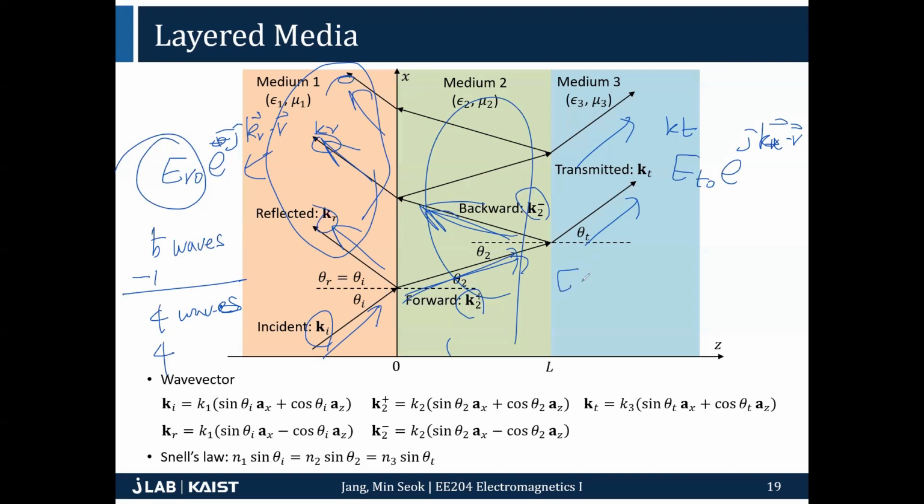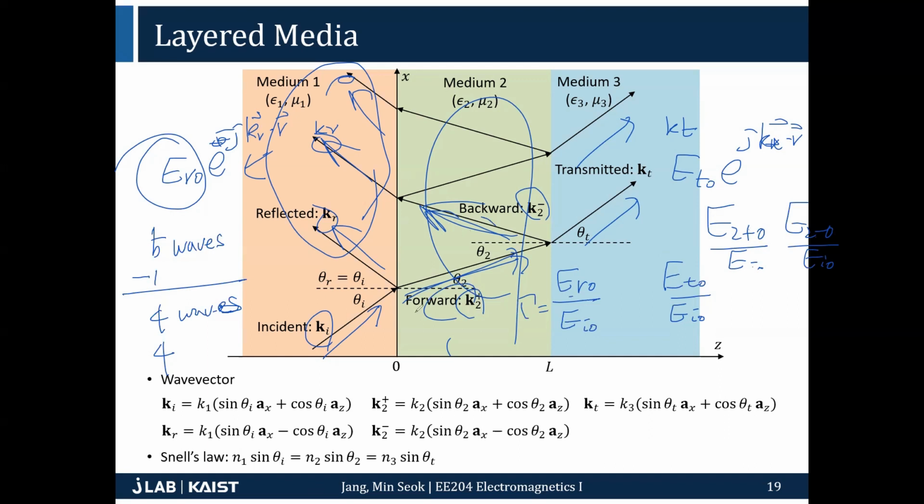Like E_R0 divided by E_I0, which is the reflection coefficient, and E_T0 divided by E_I0, and also here too, E_2+0 divided by E_I0, and then E_2-0 divided by E_I0, right? These 4 coefficients are unknowns.